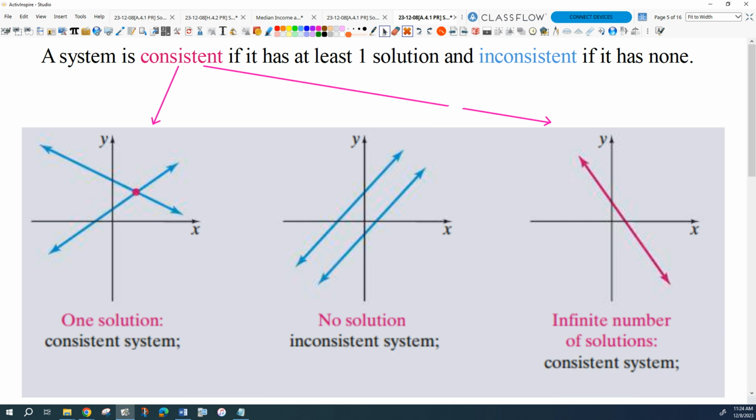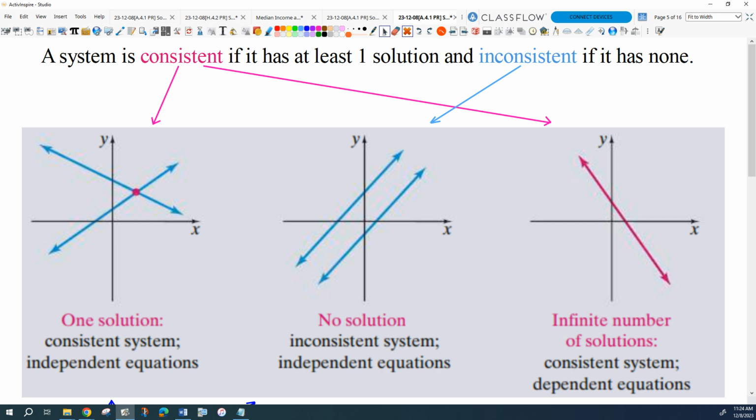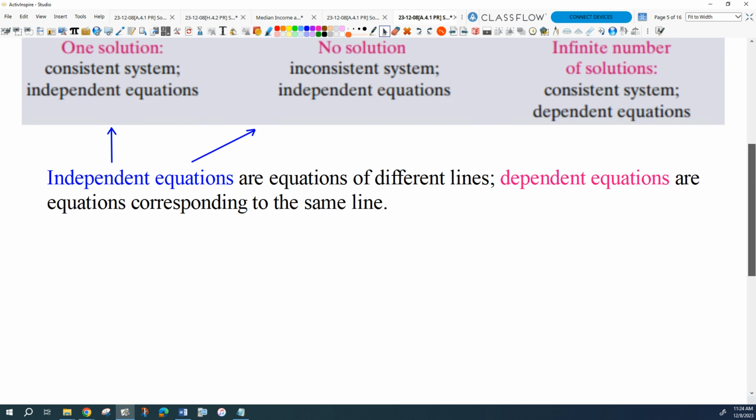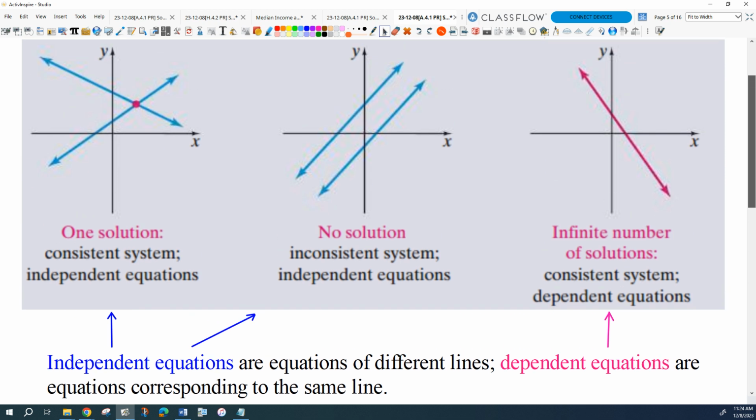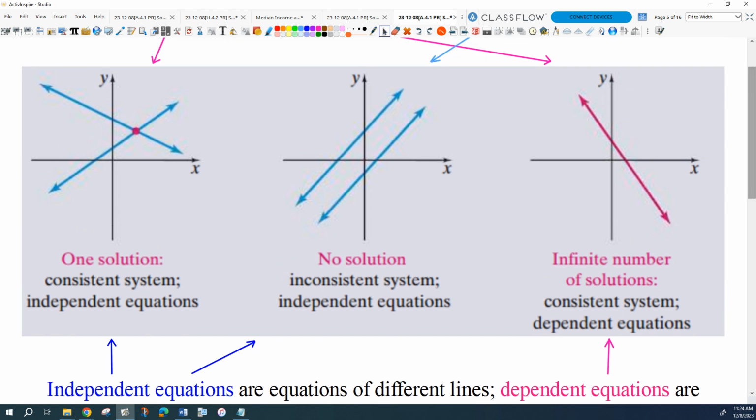You told me those were the consistent systems, and this was the inconsistent system. And you guys told me that those were the two independent systems, and that was the one dependent system. And so aren't those the ways that all three of those would stack up?